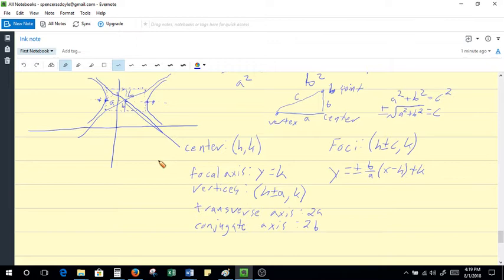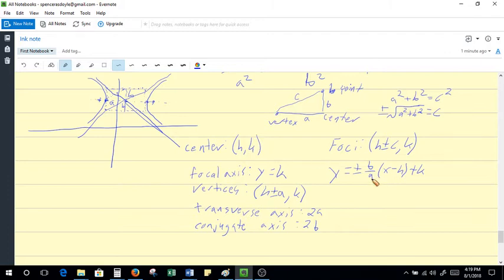Most of the stuff we look at is intuitive into how it works. The a was the distance to our vertex, the c was the distance to our foci, that was the same as ellipse. This one is a little odd with what b is doing, but we have seen that the 2a creates this axis, the major axis, in this case the focal axis, and b would create the minor. So even though we don't actually have a point up here, it makes sense why that operates the way it does.